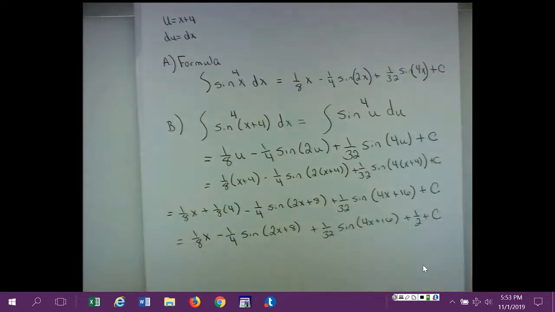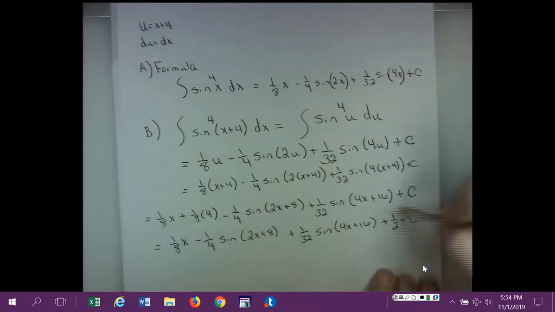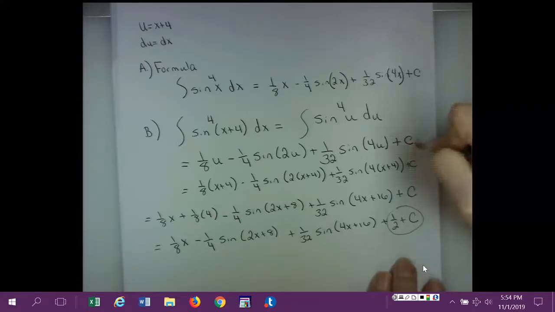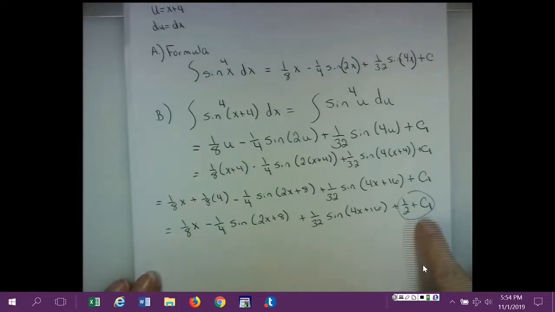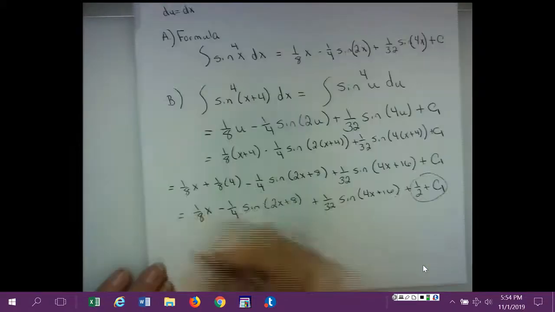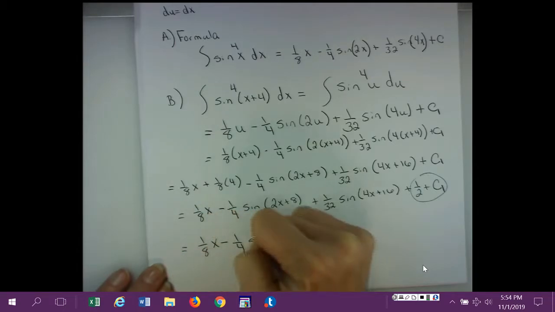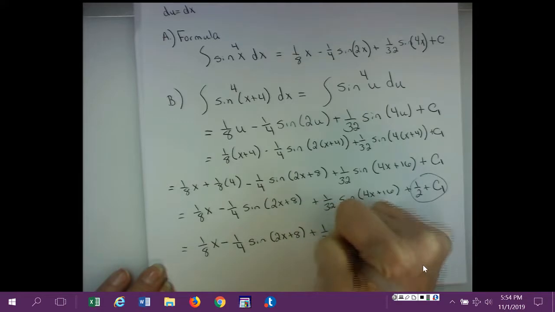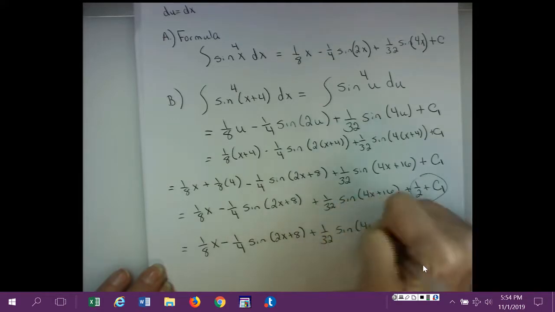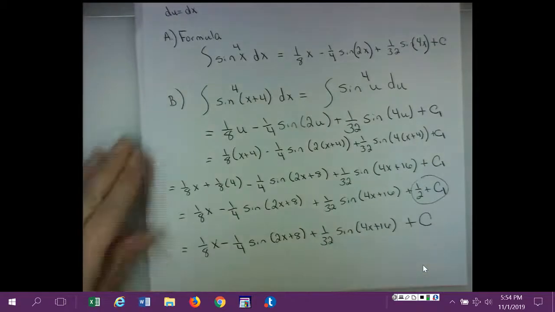And this is where you may decide, like I'm about to do, go back, and because you can collect these two, go back now that you can see that clearly and make that a c sub 1 throughout the problem, so that you can say 1/2 plus c sub 1 is plus an overall c in your final answer. And there's your final answer for that problem.